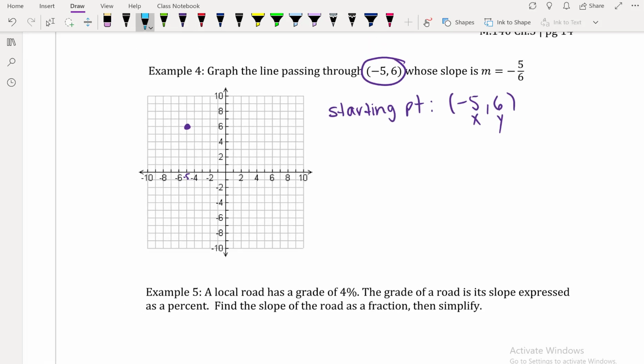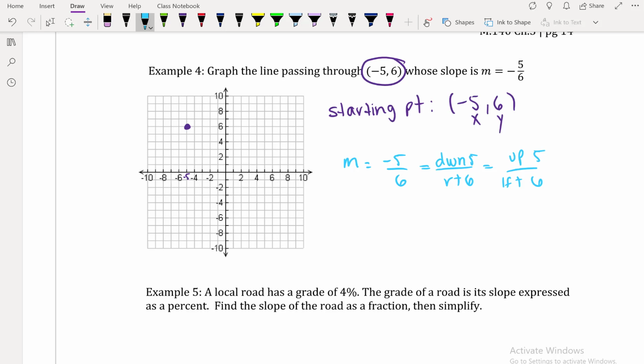The next thing I'm going to have is m is equal to -5/6. This tells me to go down 5 and to the right 6. What's the opposite of down? Up. I could go up 5, and the opposite of right is left. So let's do down and to the right.